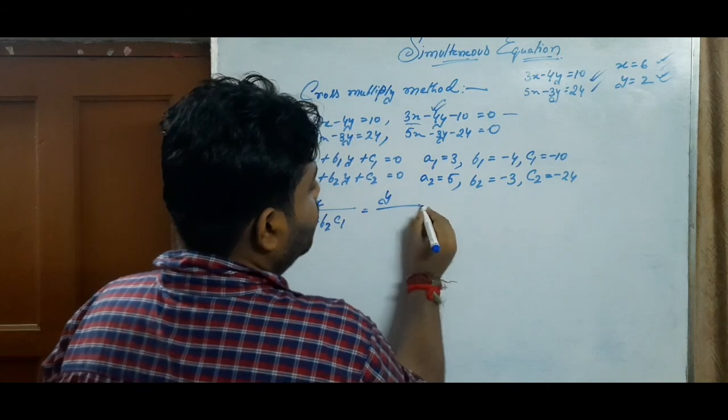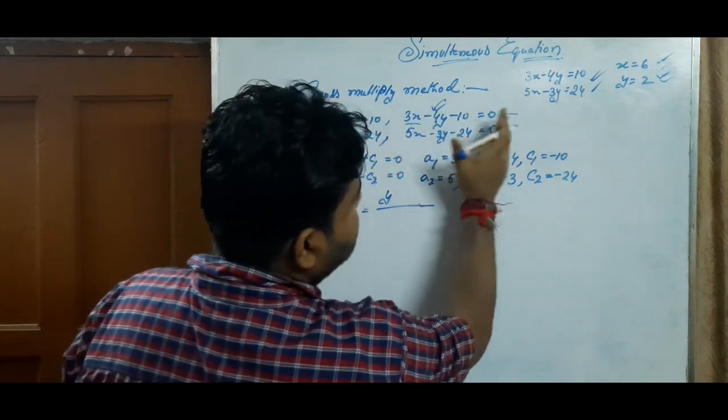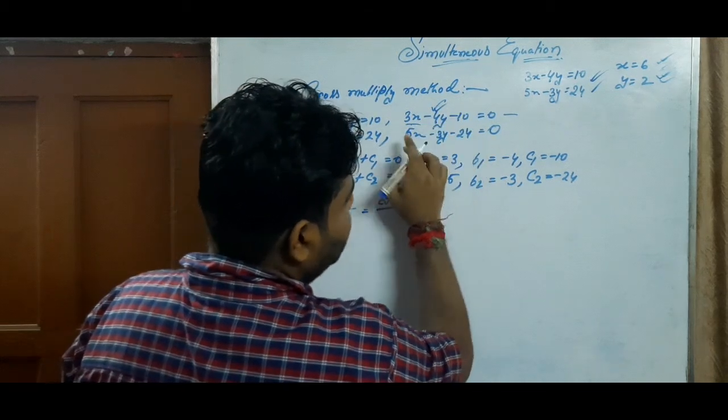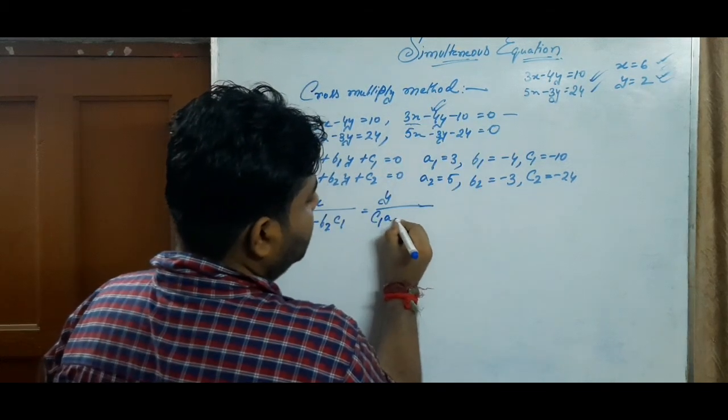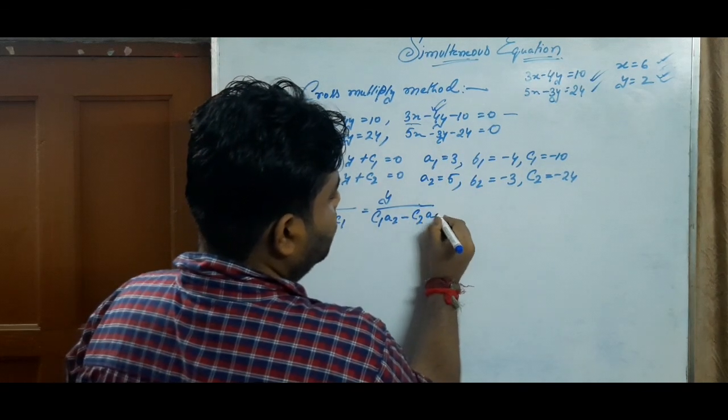Now we will hide y. The next one is c, that is we will start from c1, that is c1 a2 minus c2 a1.